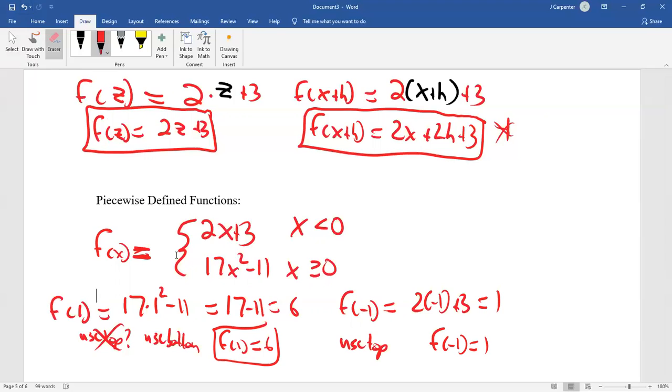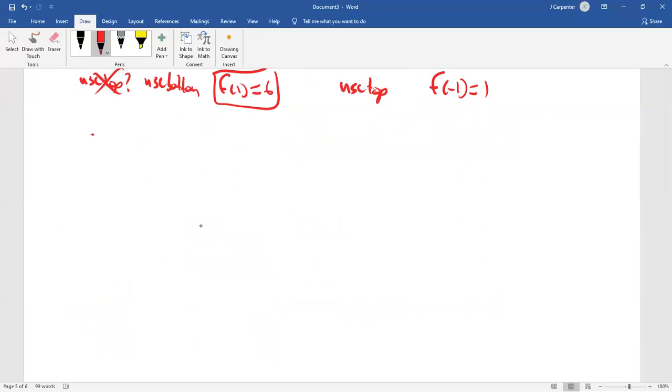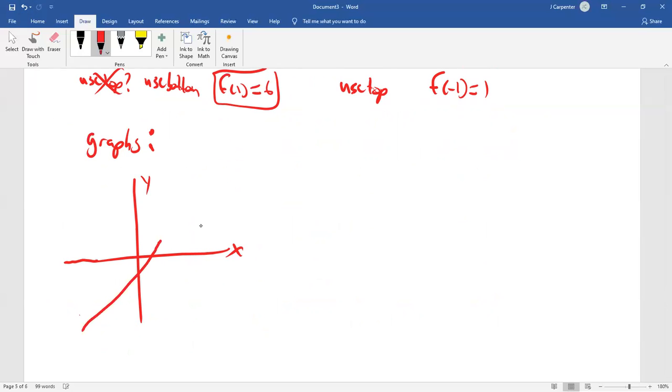And when you end up graphing these, I'm not going to do the graph of this particular one. What they end up looking like, and they don't have to be lines, they can be curves, they can be anything. Sometimes you'll have one that does this, and then maybe you have an open circle here, and then you have a closed circle here, and then it does this.